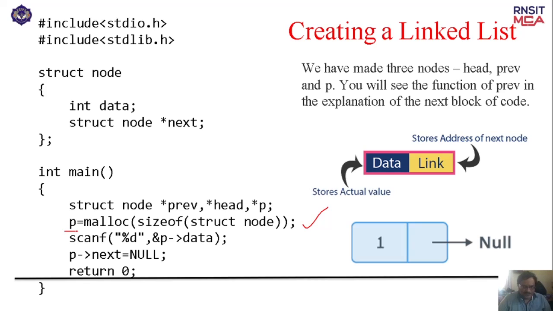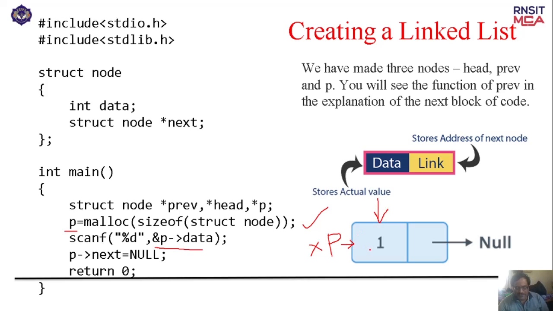Data is created. Now you read the value for P of data. If you consider P as the newly allocated pointer node, for this you allocate data. P of data is nothing but this.